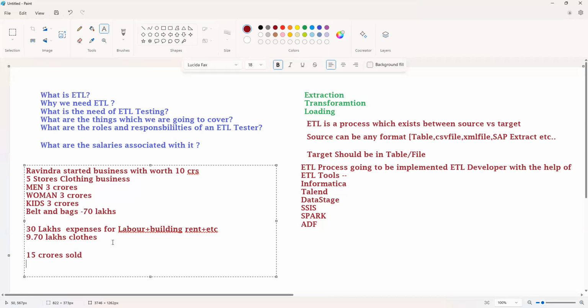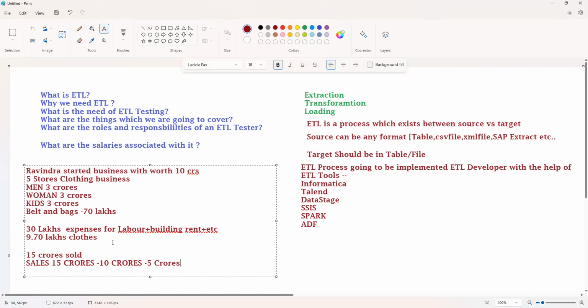Whatever you purchased plus expenses. So sales is 15 crore. Out of it, minus 10 crore. What is the profit you got? Overall 5 crore you got.